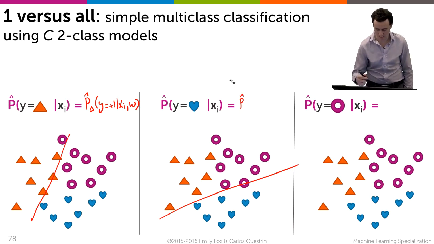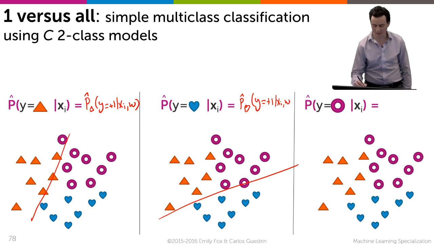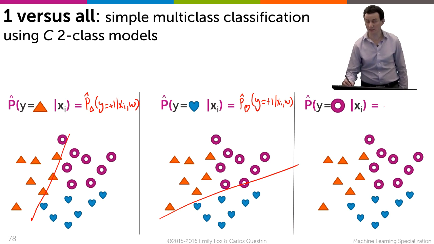That's an ugly heart. I want pretty hearts here. That's slightly prettier, only slightly. The probability that it's +1 given the input xi and the parameters w. And lastly, we have, for a donut, the probability, according to the donut model, of y equals +1 given xi and w.